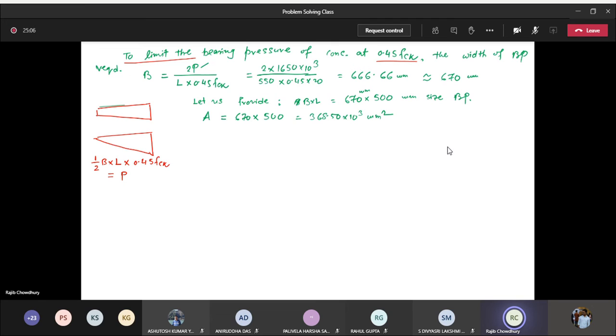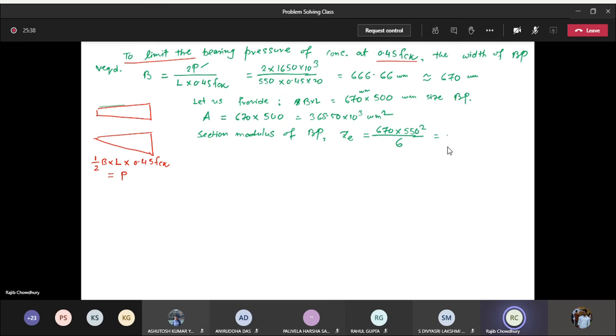So if it is like that, then what is the section modulus of the base plate? Section modulus of base plate, ZE to be 670 times 550 square divided by 6.